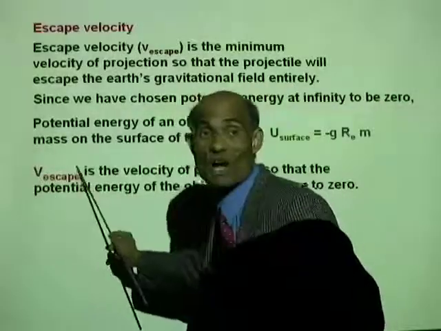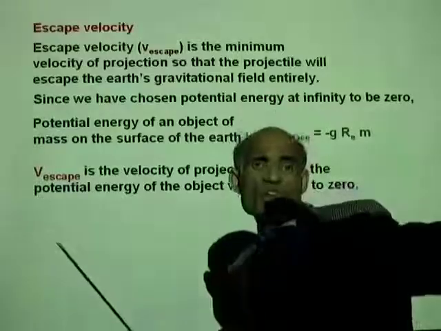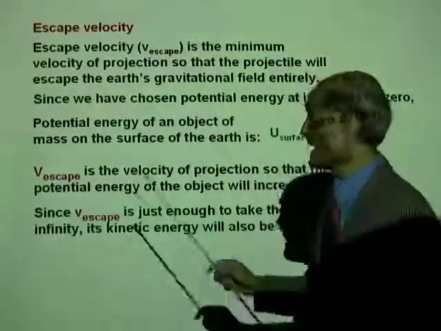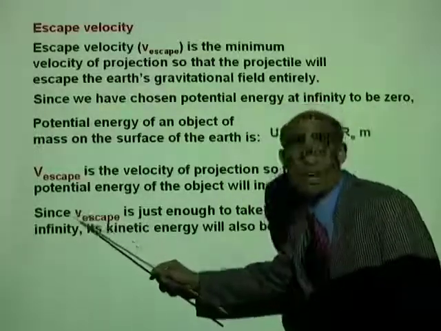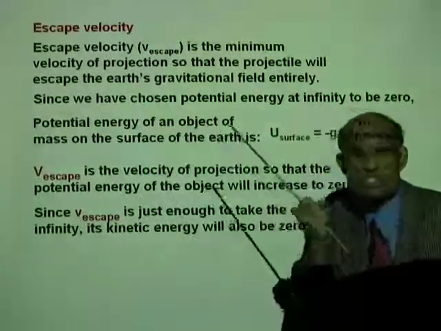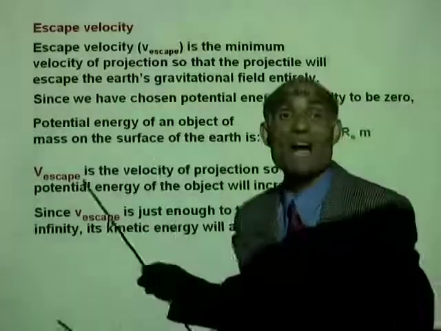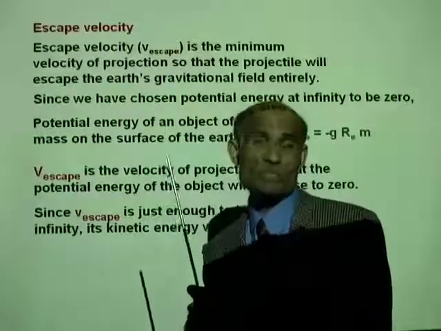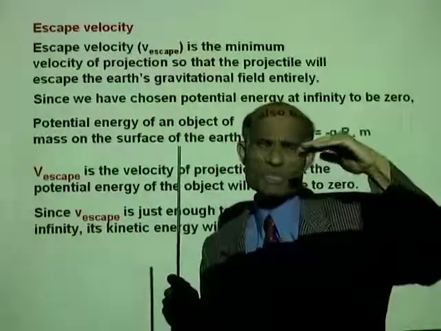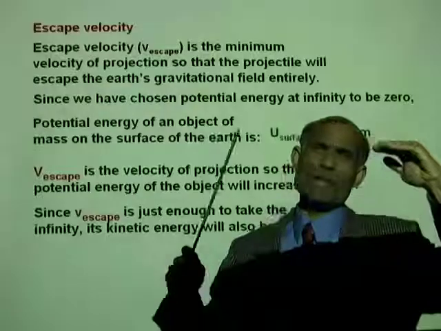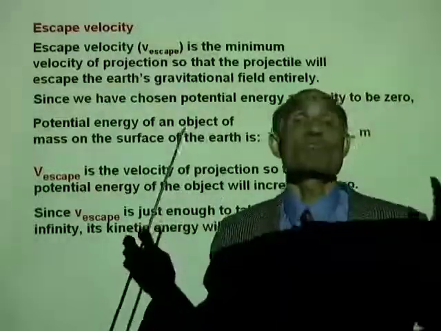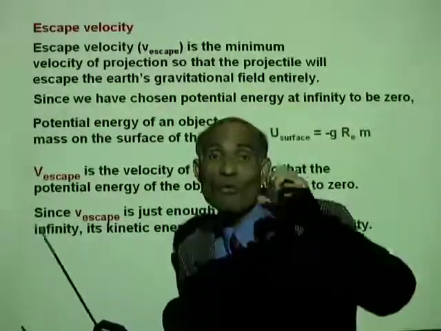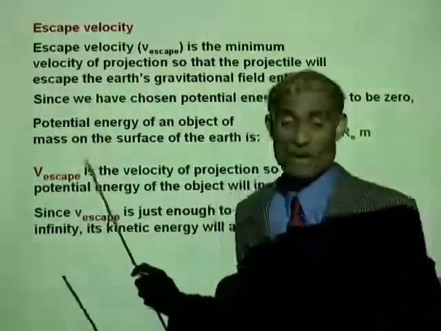If you project an object with that velocity so that it escapes the Earth's gravitational field, then this velocity is just enough to take the object out of the potential well. So you give the object that velocity, the object just comes out of the well and stops. That means its velocity will be reduced to zero. This velocity is just enough for it to escape the potential well.